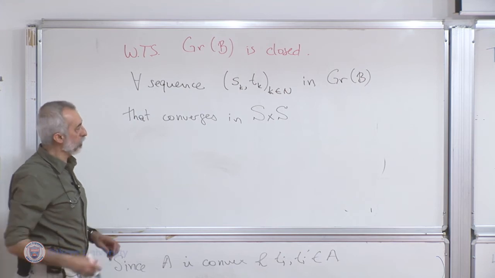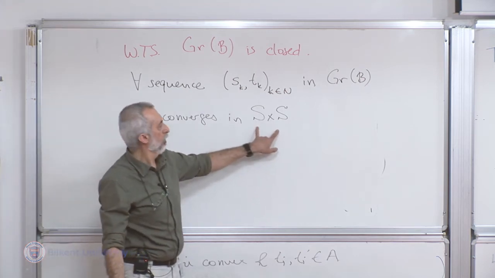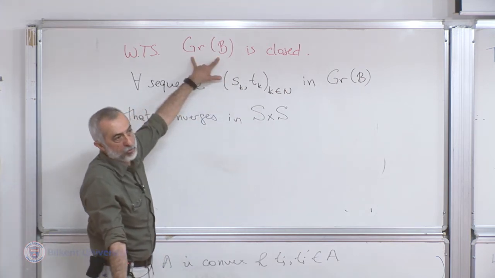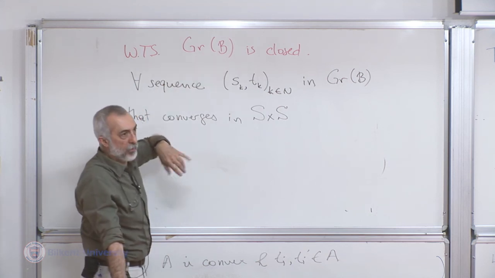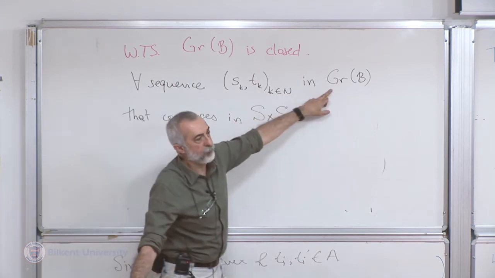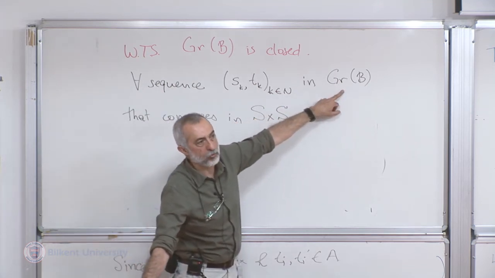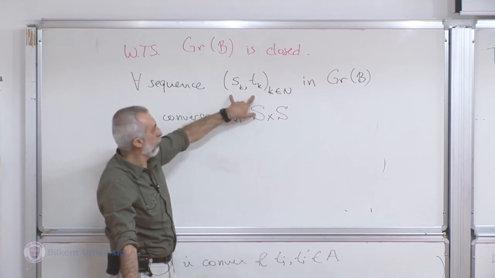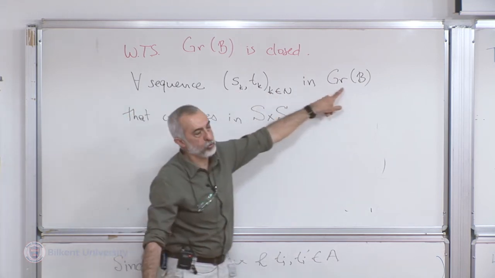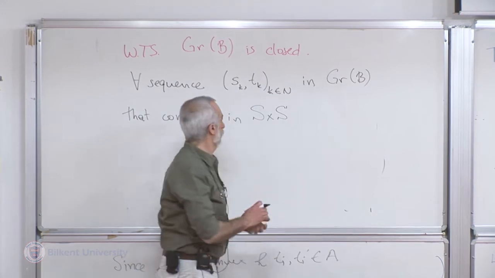Take any sequence which is convergent in the space where this set lies. Then the graph, this set is closed if and only if the limit of this sequence is also an element of this set. Okay.